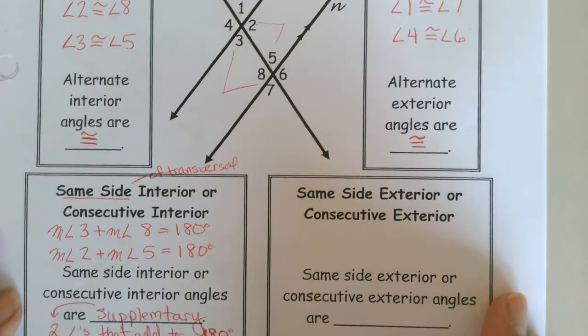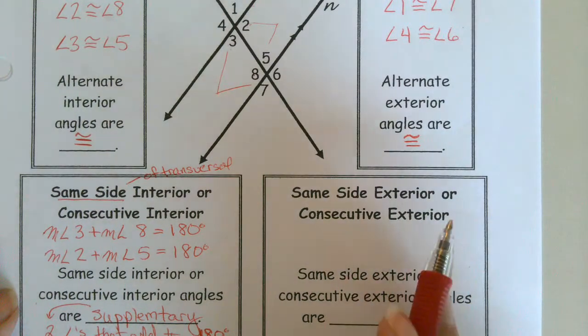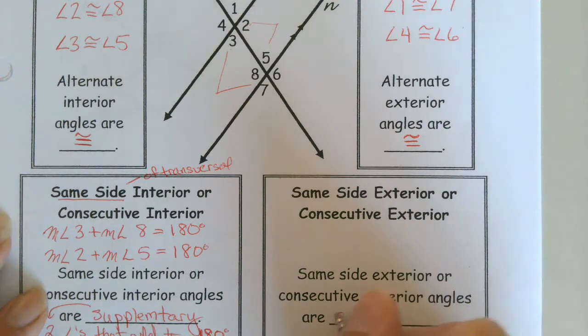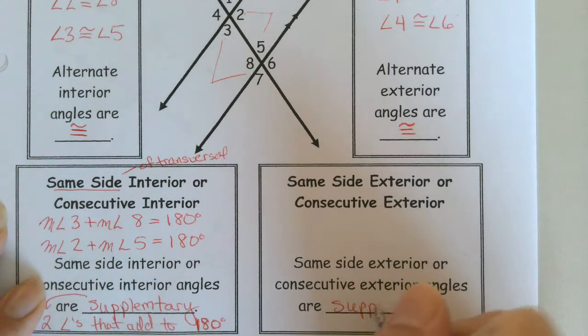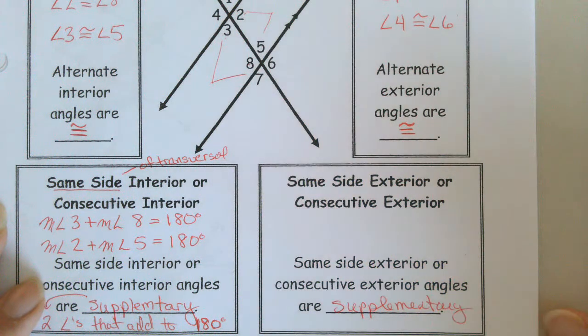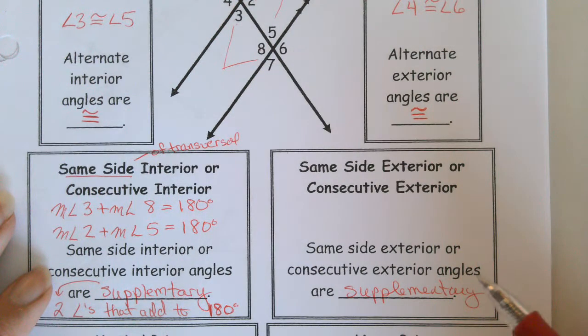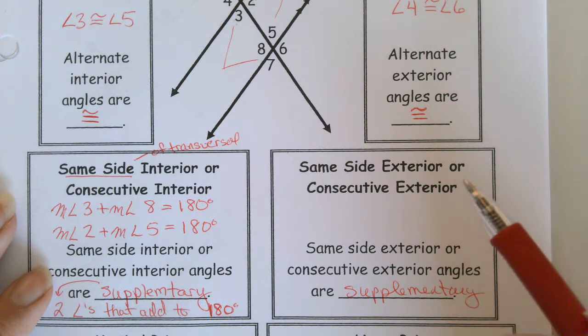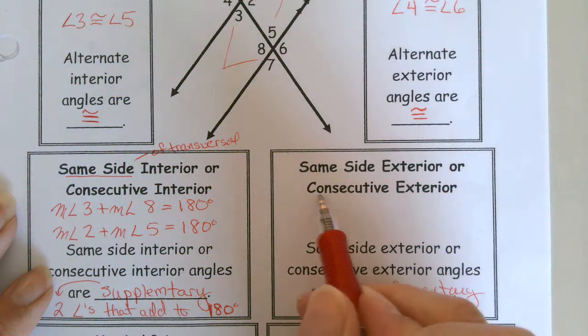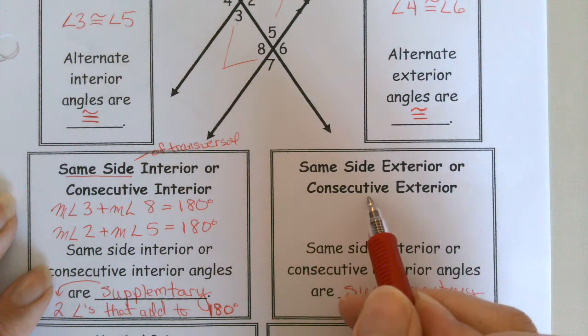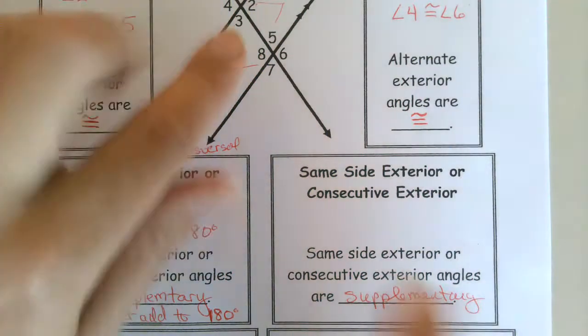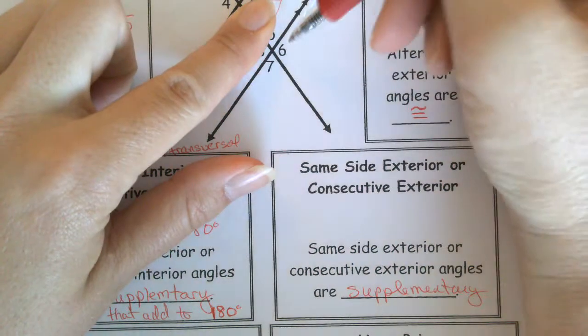Okay, with the same idea, we have the same side exterior. They have the same rule. They are also supplementary. Okay, these angles are also supplementary. So if they're same side exterior, or the other term is consecutive, consecutive meaning in a row. So same side exterior, we're looking at 1 and 6.